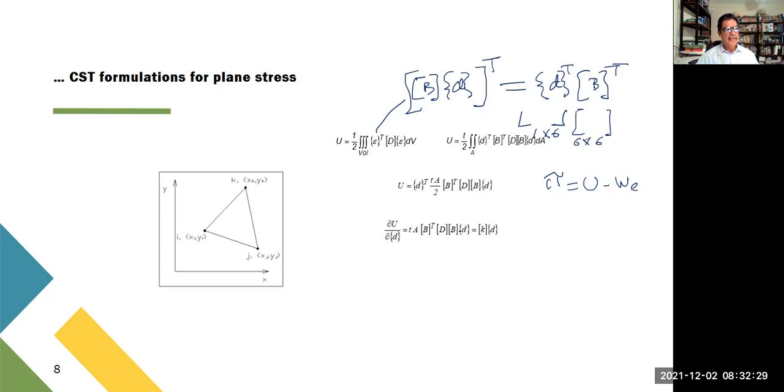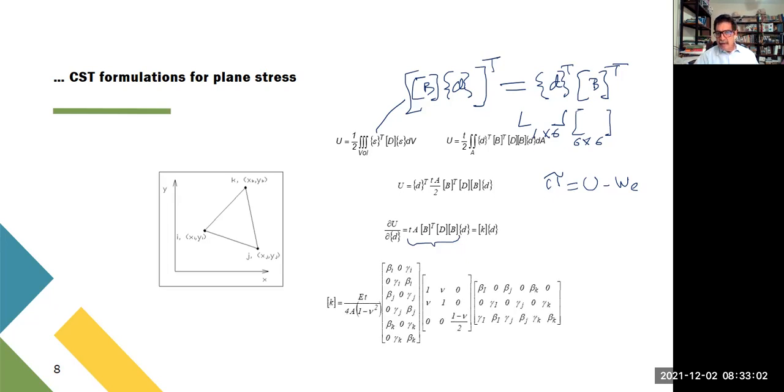And this is what I'm writing here. The 2 that I get here cancels with this one here, and I get only 1 D here when I put it under here. So as a result, all of this up to here is going to be the stiffness matrix of one triangular constant strain triangle element. Okay?